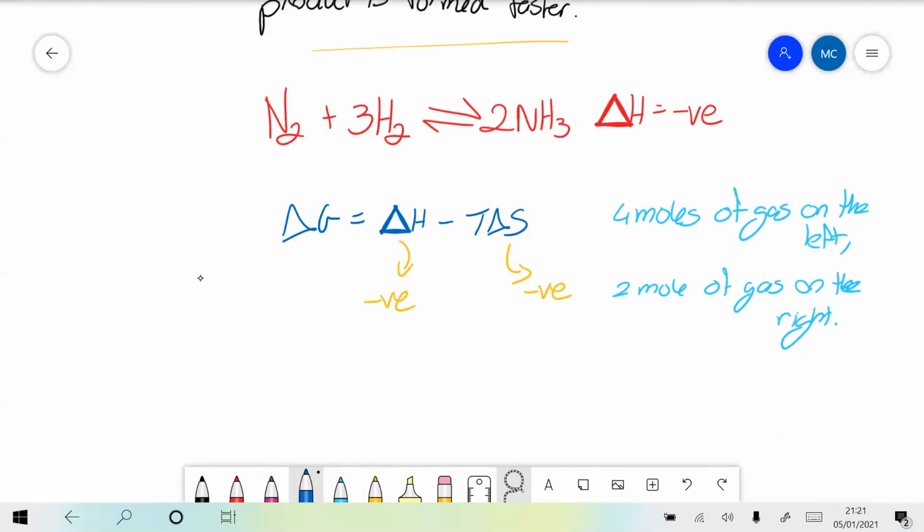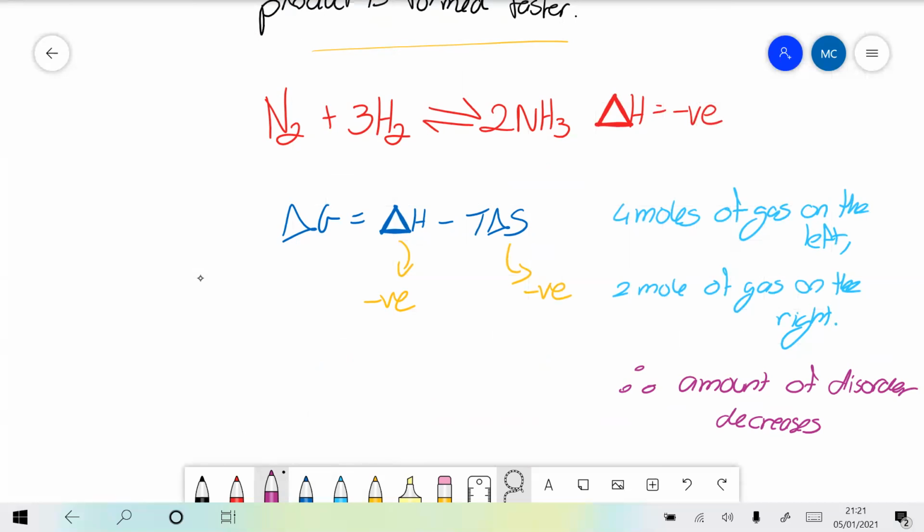Therefore, the amount of disorder decreases, which means that we will have a negative delta S, or a negative entropy.